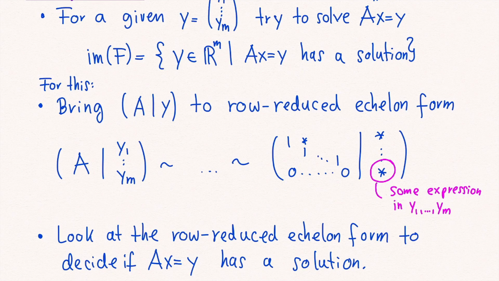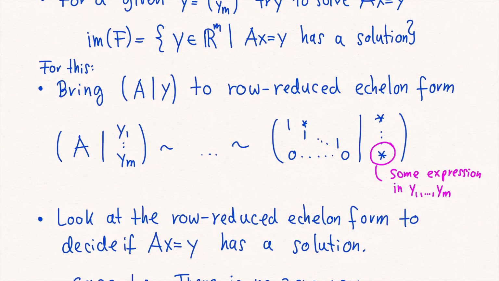And then I can say, for the element 0 in the image, I can find this and this solution for the x. So f of this element equals f of the other element, and both of them equal 0. But these two elements I choose are different, and therefore this map is not injective. And this always works if there are some columns here which do not contain a pivot element.